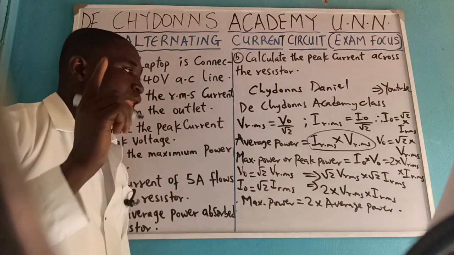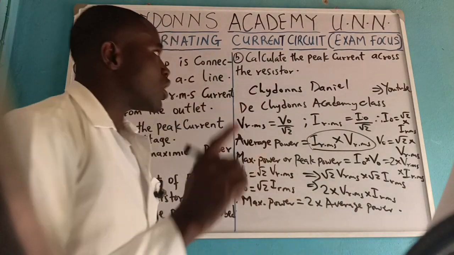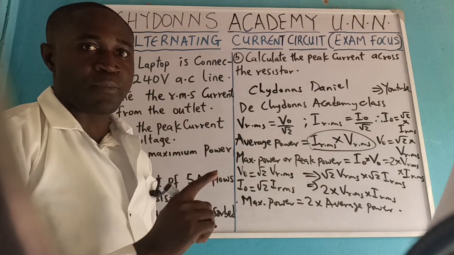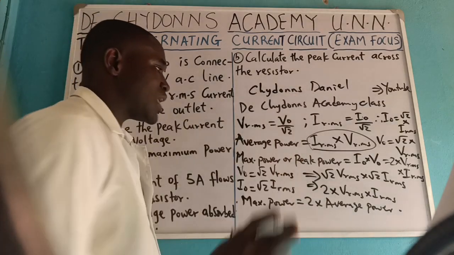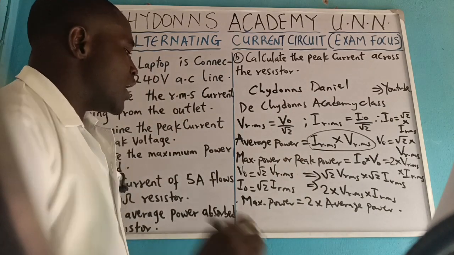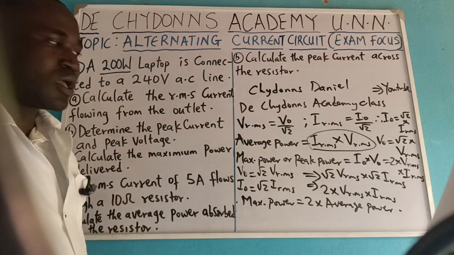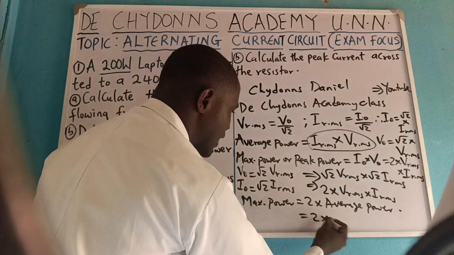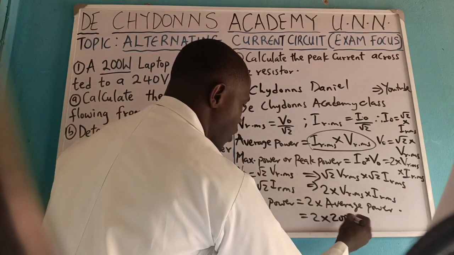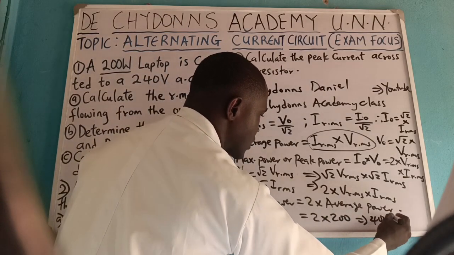I just want to remind us of this information because we discussed it in the theory of this topic. I said we have posted it on the channel. So if they ask me to find maximum power, and already they have given me the average power in the question, I'll just say maximum power equals 2 times average power. That will give me 400 watts.